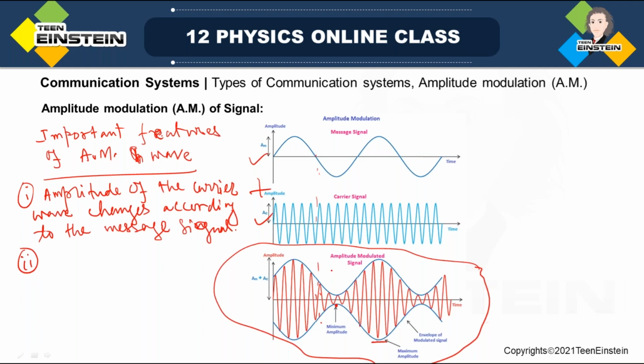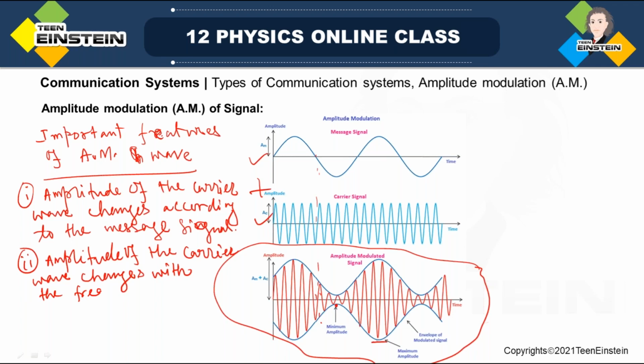So the amplitude of the carrier wave changes with the frequency of the modulating signal or message signal.